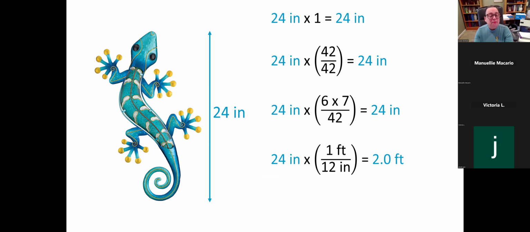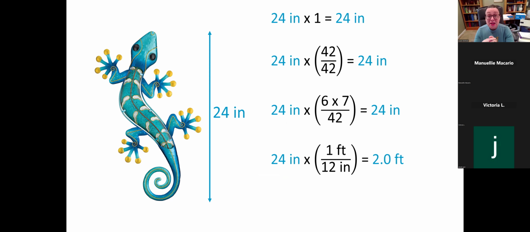That's the same as multiplying by 1. Numerically, it doesn't look like 1. The 1 and the 12 definitely aren't the same. But remember, it's not 1 and 12. We're not multiplying by 1 over 12. We're multiplying by 1 foot over 12 inches. And that is equal to 1.